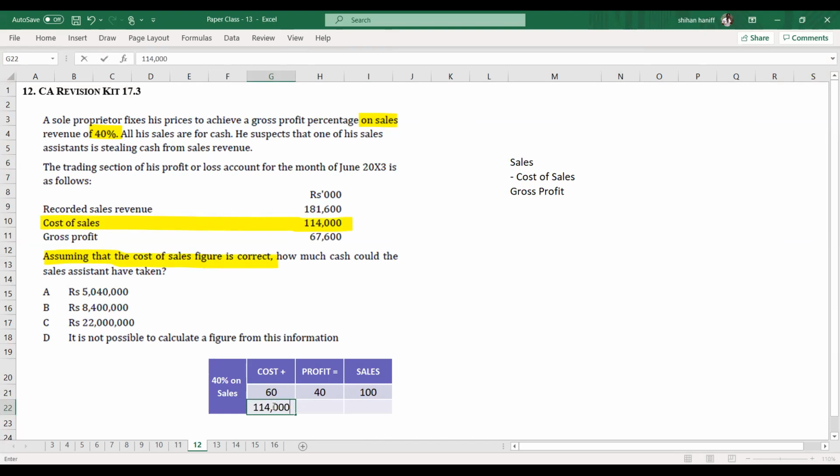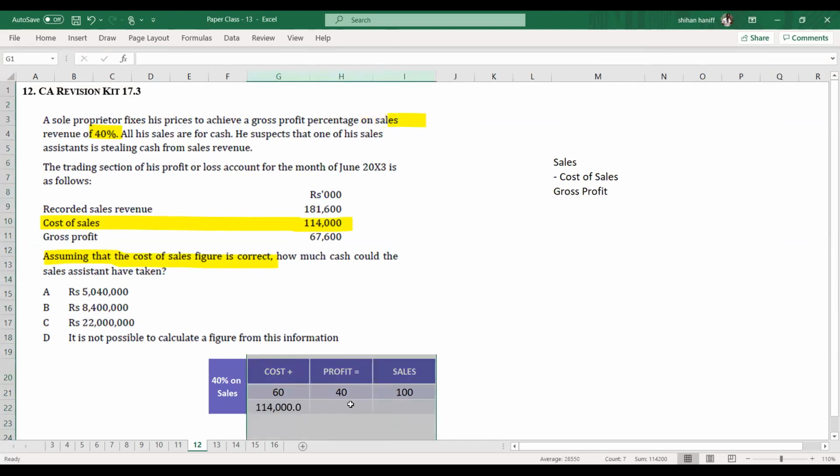Cost of sales is 114,000. If the cost of sales is 114,000, how much is the sales?